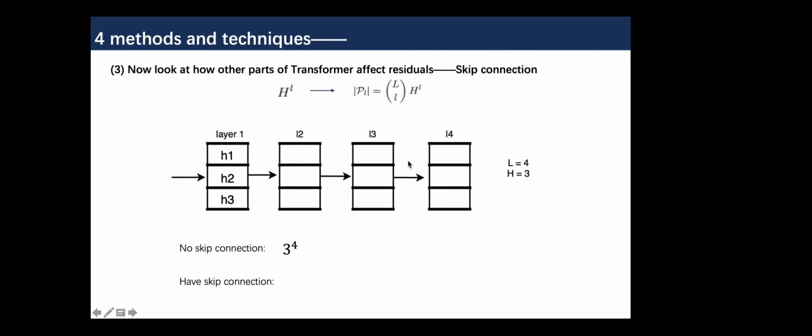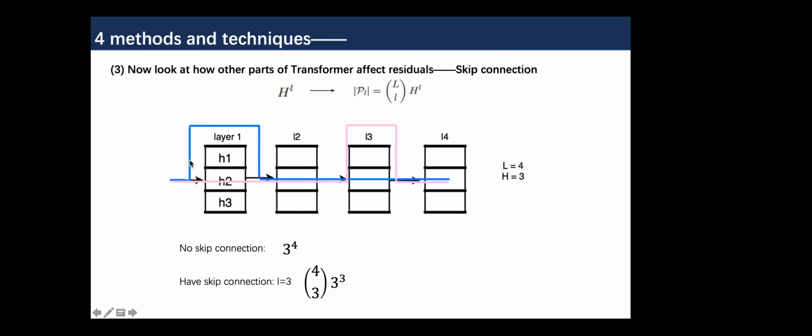Maybe we have a simple example here. We have 4 layers, and every layer has 3 heads. If there are no skip connections, we will have 3 to the power of 4 paths. But if we can skip layers, take L equal to 3, which means I will go through 3 layers, like the blue line here.